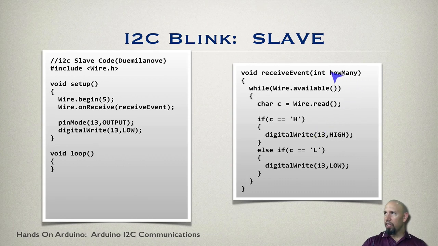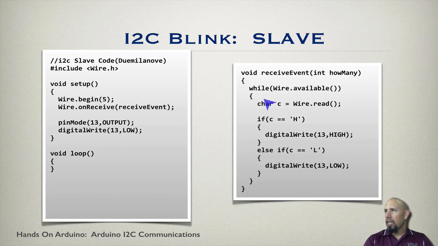When the end transmission occurs, it counts how many things were sent, and that's what comes into this variable how many. Notice we didn't actually define this variable anywhere, so you pretty much just need to leave this command alone. Don't touch it. That's one of those magic formulas, which I generally try to avoid, but here we use it.